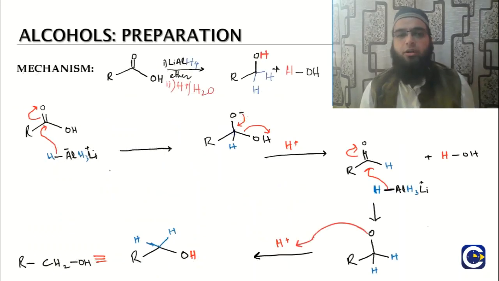First of all, we'll discuss the reaction mechanism for carboxylic acids. This is a general carboxylic acid. In the first step we are using the reducing agent, and the reaction goes in ether, which is the solvent of the reaction.